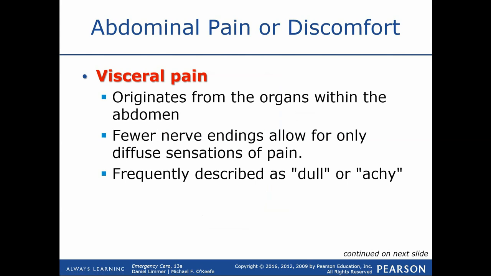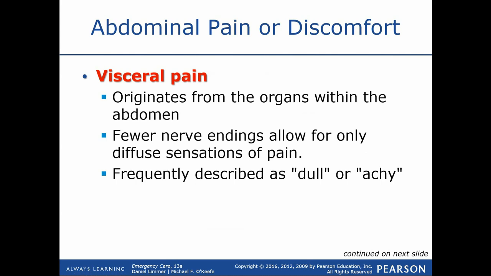So talking about pain, there are several different types of pain or descriptors that may be used by patients. Visceral pain is something that originates from within the visceral peritoneum, and that's going to be around each individual organ. Now, because these individual bags, if you will, are not nerve heavy, they're actually kind of sparse as far as nerve endings go, the pain is not easily located.